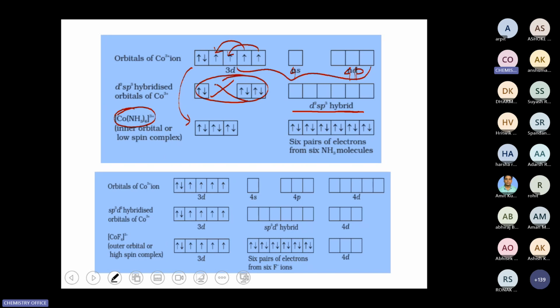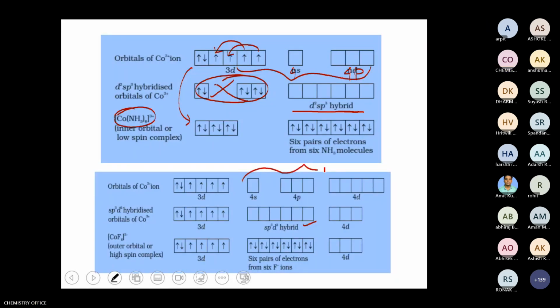But when we go for CoF6 3-, fluoride is at the extreme end of the spectrochemical series, which we will discuss later. It is the weakest ligand, so it does not have the power to pair up the 3d electrons. That's why it leaves them as they were initially, 6 electrons in the 3d orbitals. So it will utilize the outer orbitals 4s, 4p, and 4d, and sp3d2 hybridization will take place.